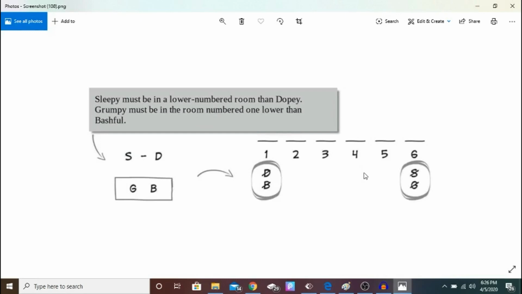For example, Sleepy must be in a lower numbered room than Dopey. Grumpy must be in a room numbered 1 lower than Bashful. From these 2 sentences, you can form a restriction. Since S must be in a room lower than D, D cannot be in slot 1, and likewise with Bashful. If there were 6 slots, you would know S and G cannot be in the 6th slot.